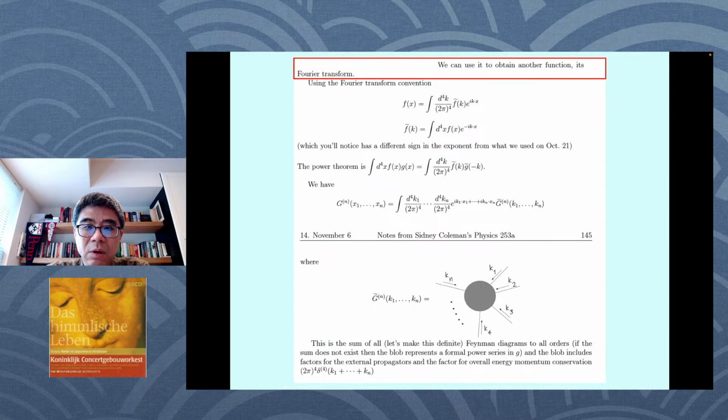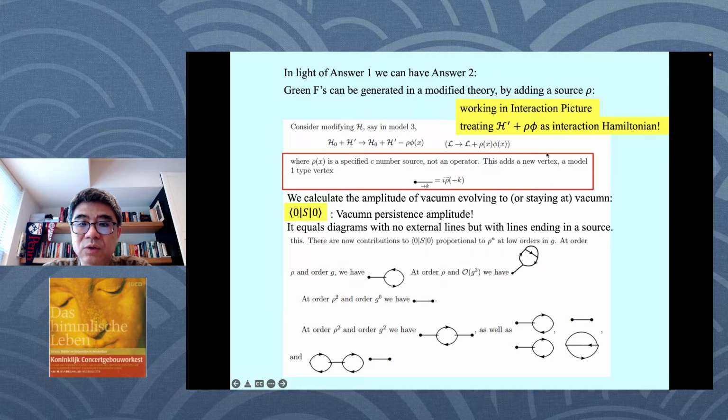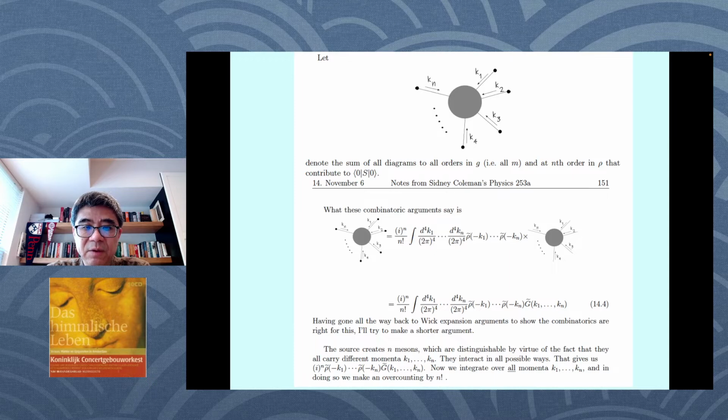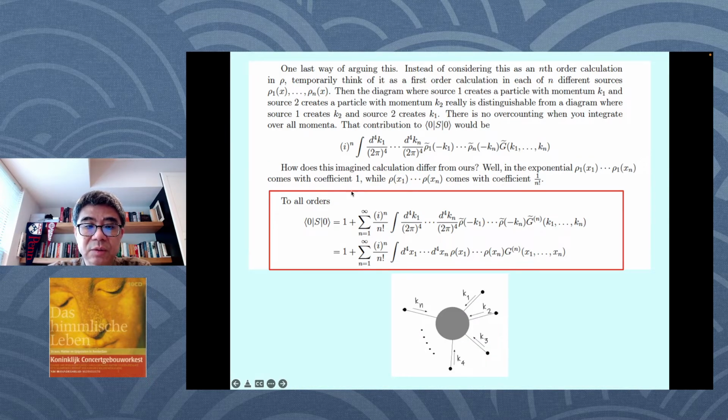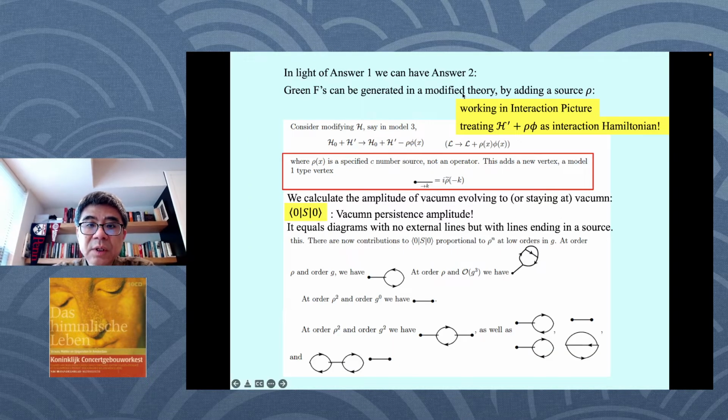First, by introducing a source into the interaction and calculating the so-called vacuum persistence amplitude for a vacuum to evolve into a vacuum in the long future, we can define a generating function now for the source. And we get answer 2 and answer 3.